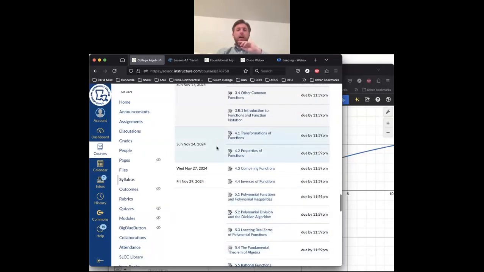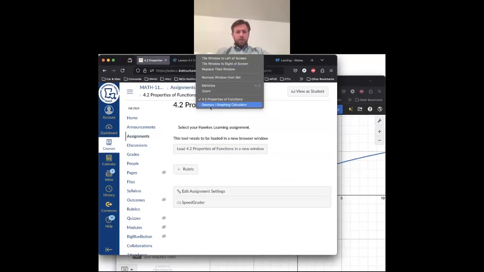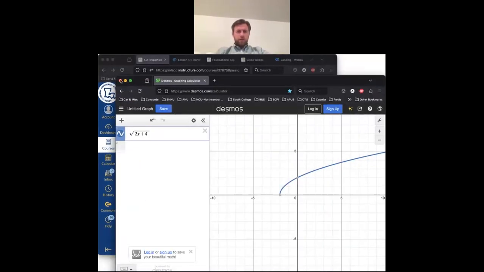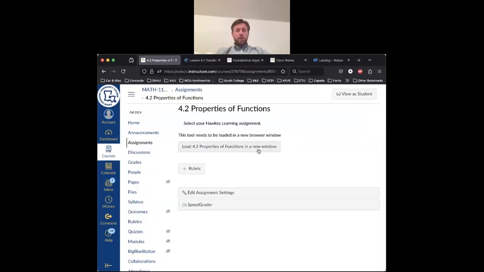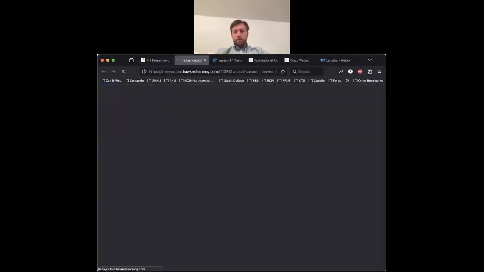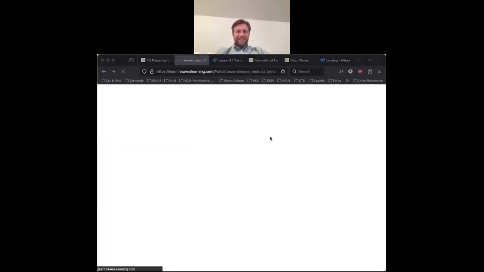Okay. Properties of functions. This is pretty interesting too. Let me check with you all. Can you hear me okay on your end? Yes. Okay, good. My computer's throwing me a note that it doesn't like what I'm doing. Let me see.